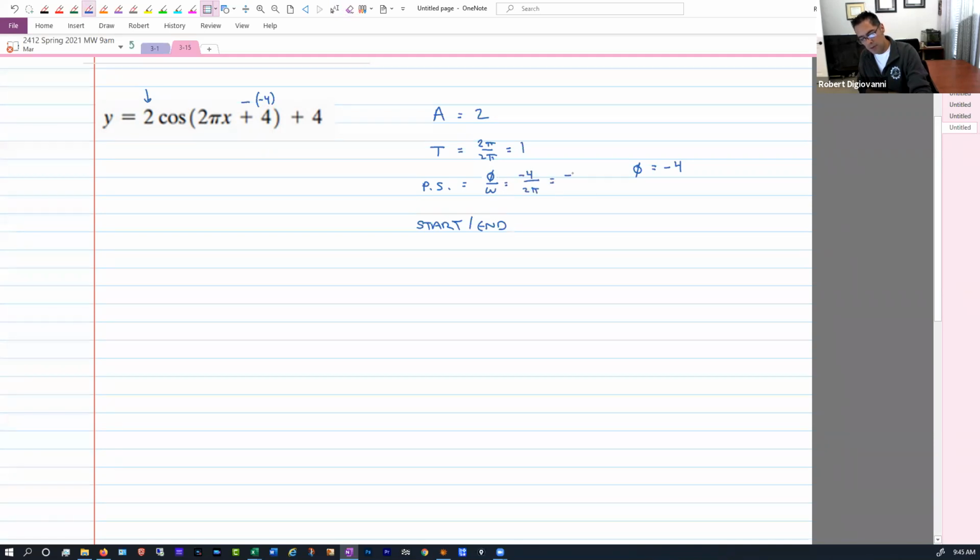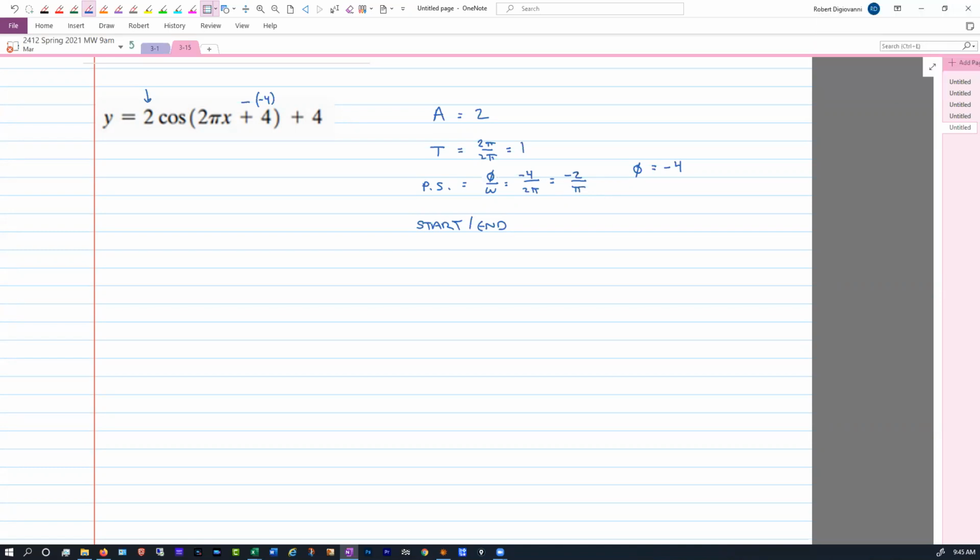And you can reduce the 2 on the bottom, top and bottom, so you get -2 over pi. That makes sense, everyone? Is this going to be a shift to the left or to the right? To the left. And the way I do that is I look at this sign. If this is plus, then I'm going to go opposite of what I think. So I'm going to go left. So this is a shift to the left.